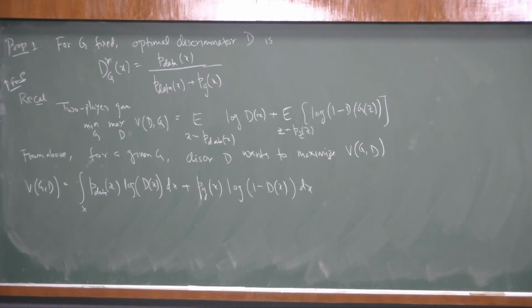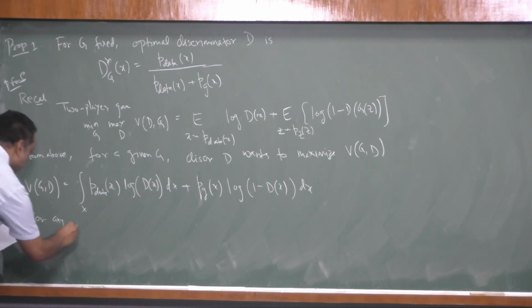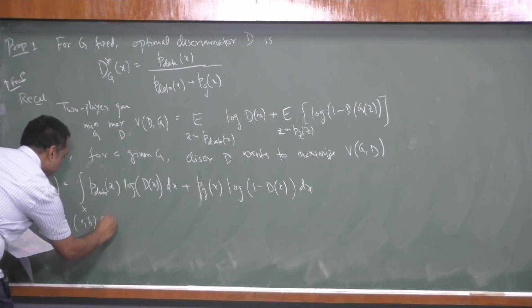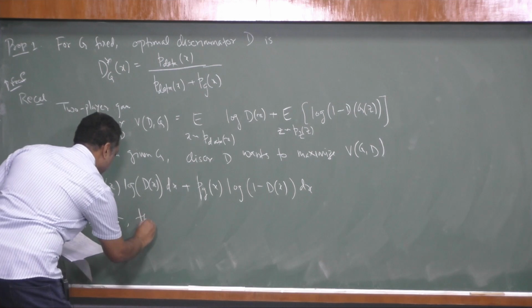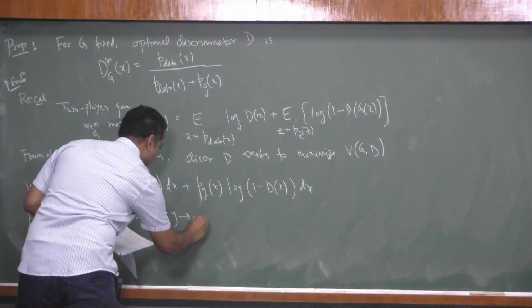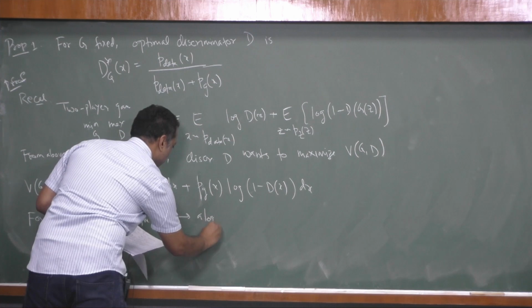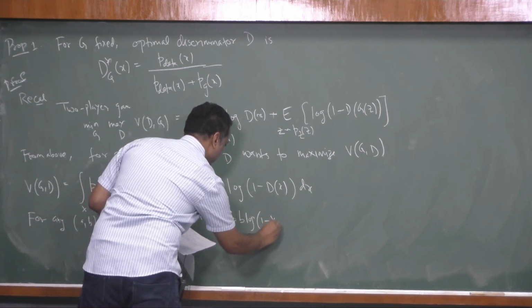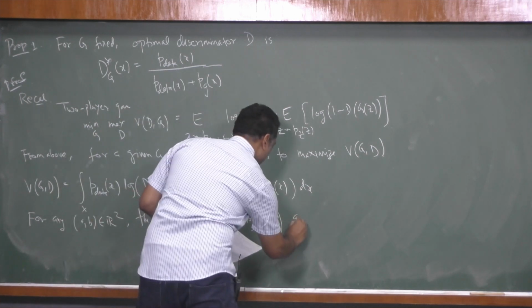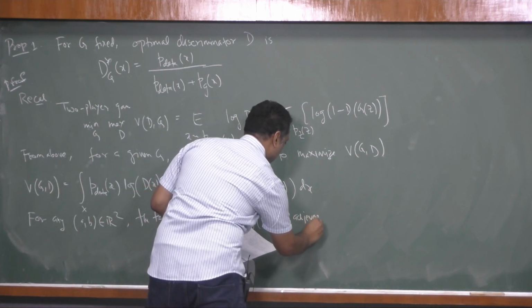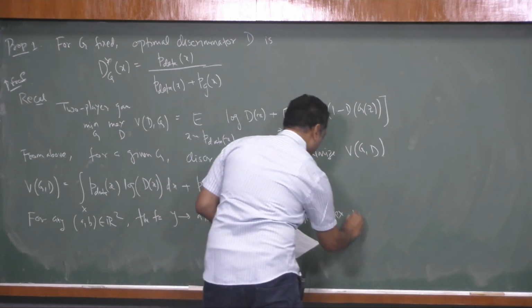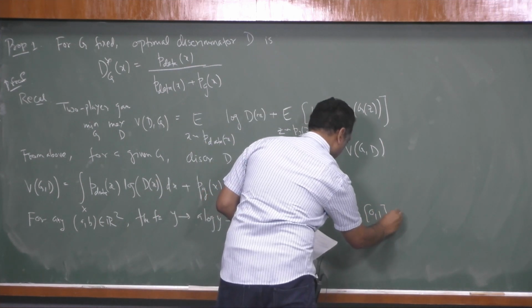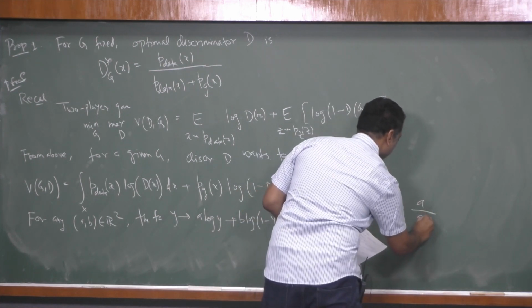Now we have to maximize this. There is a result that says that for a, b in R squared, the function y goes to a log y plus b log 1 minus y achieves its maximum in [0, 1] at a by a plus b.